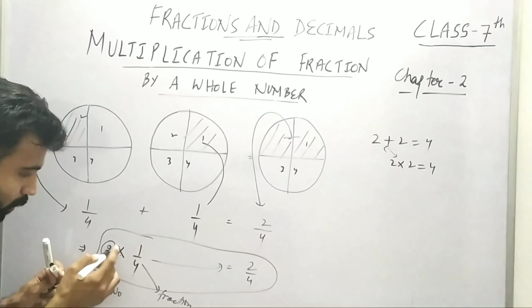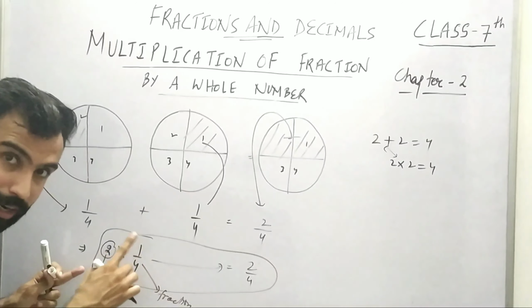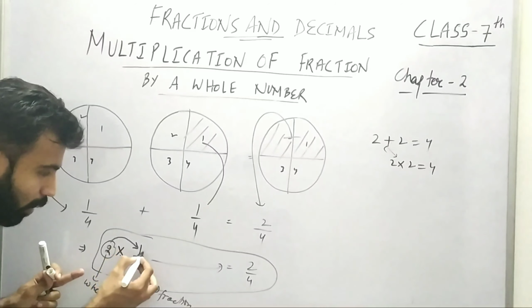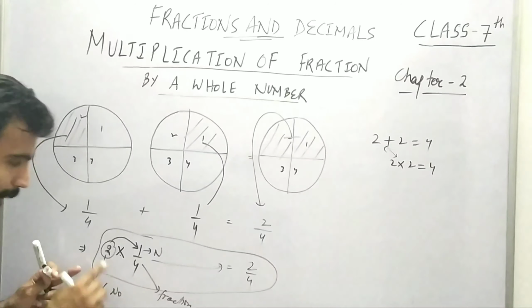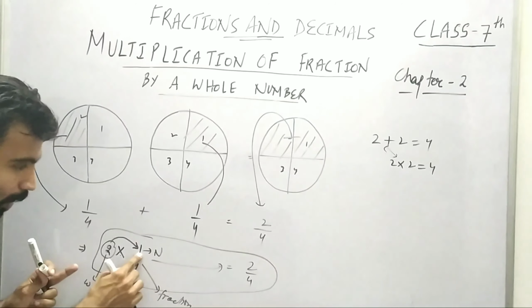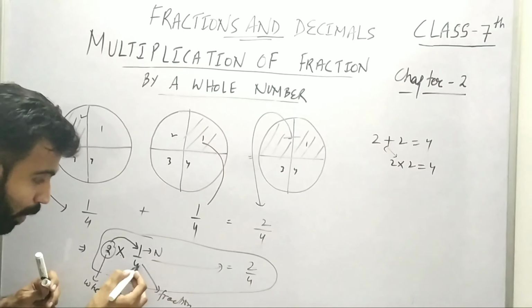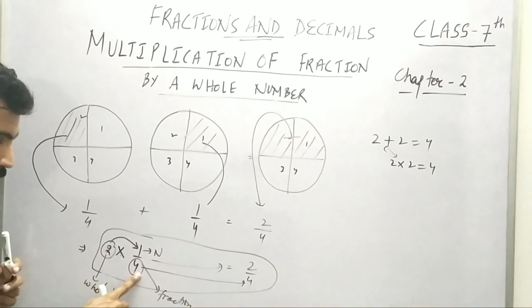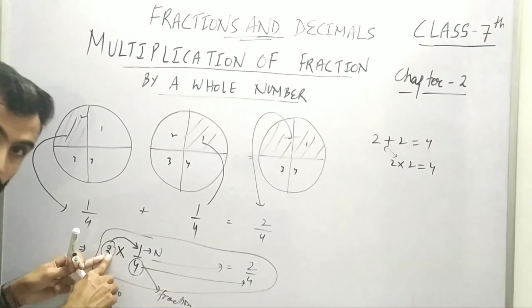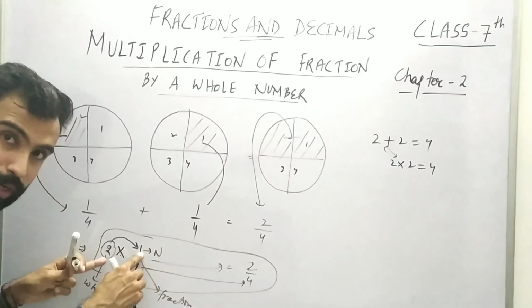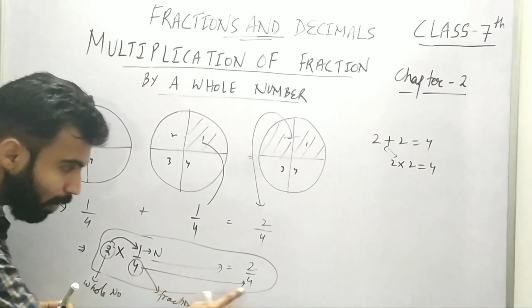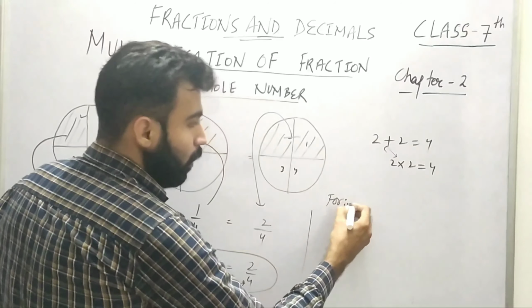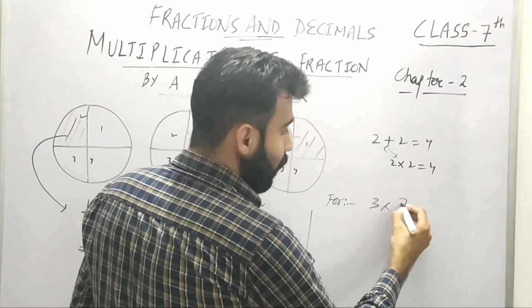How? Look, whenever you have to multiply a whole number with a fraction, what you have to do is multiply this whole number by the numerator of this fractional value. So 2 into 1, that is 2, right? And the denominator will remain as it is. So multiplication of a whole number by a fractional value is kind of: multiply the whole number by the numerator of the fractional value and keep the denominator as it is. So for example, let me explain another example, like 3 into 7/8.